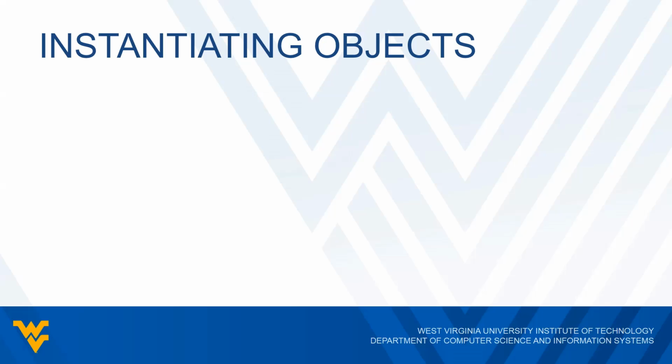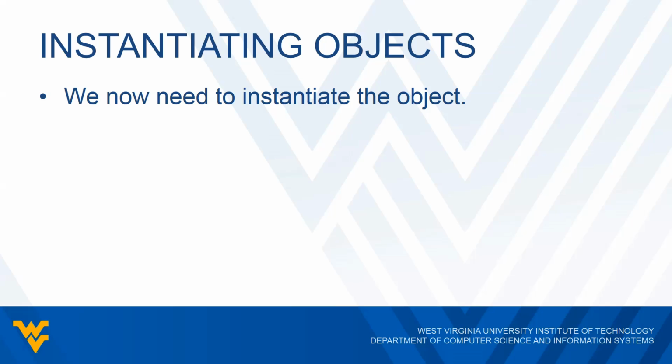Now, declaring the object is not enough. All we've done is create a variable basically, but there's nothing in here. We still need to instantiate the object, and this is where we would allocate memory to store a copy of all of the attributes of a particular class, and then be able to call the sub-procedures of that class.